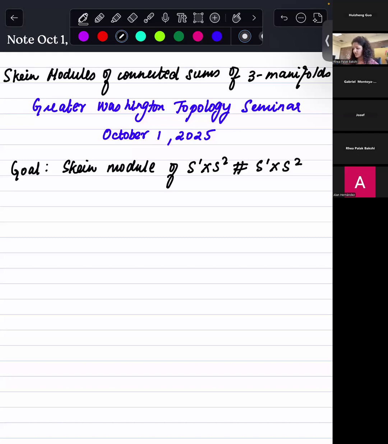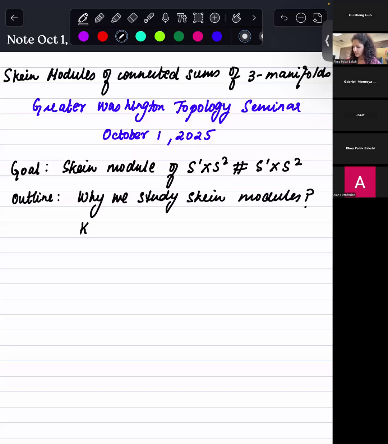Okay, so the outline is going to be as follows. I will give some motivation as to why we study Skein modules. Then I will talk about arguably the most extensively studied Skein module of all, which is the Kauffman bracket Skein module.